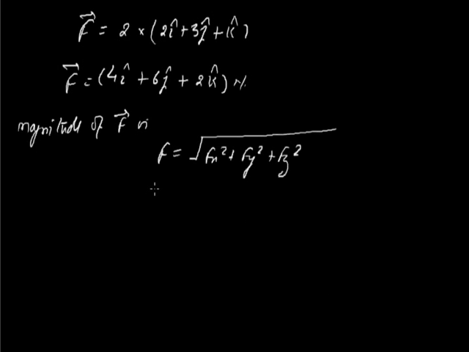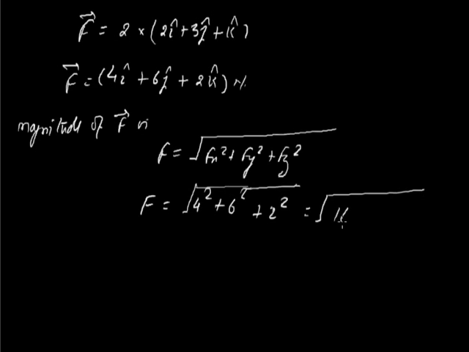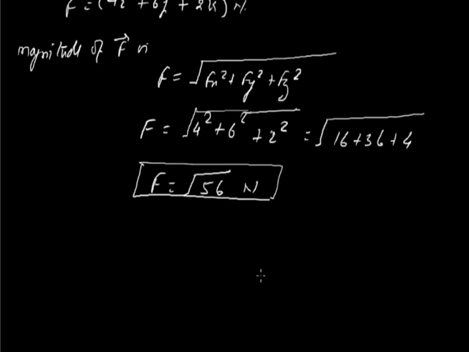So F will be the square root of 4 square plus 6 square plus 2 square, that's 16 plus 36 plus 4, or F is the square root of 56 Newton. The required answer. Now question 2.